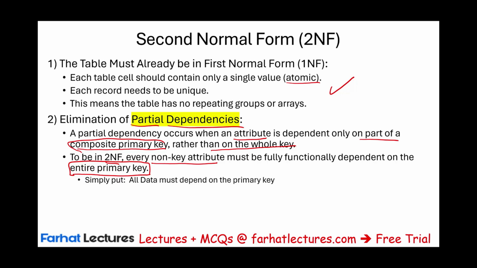Simply put, all data must depend on the primary key, and if the primary key is composite, the data has to be dependent on both parts. In other words, each table must contain data about one single type of thing. Whatever that thing is, it has a primary key, and the table is dependent upon that primary key, whether it's a composite primary key or a single primary key. It does not matter. All non-key attributes must be fully functionally dependent on the entire primary key.